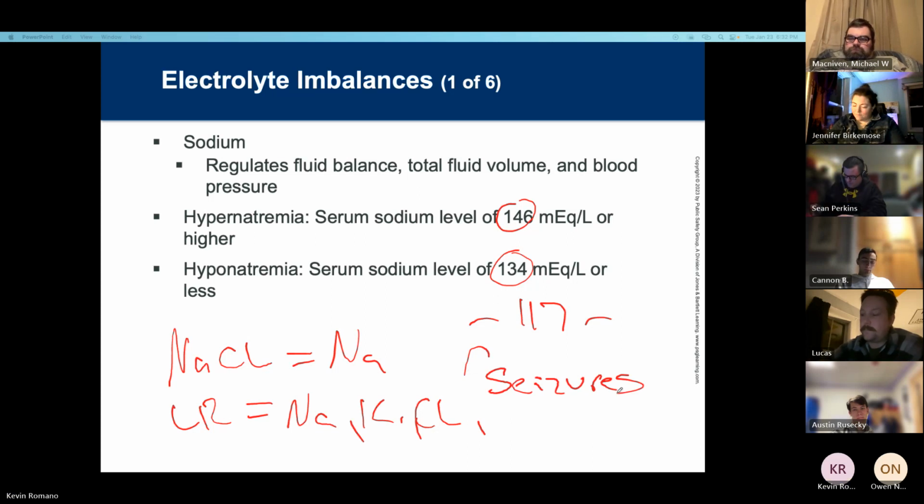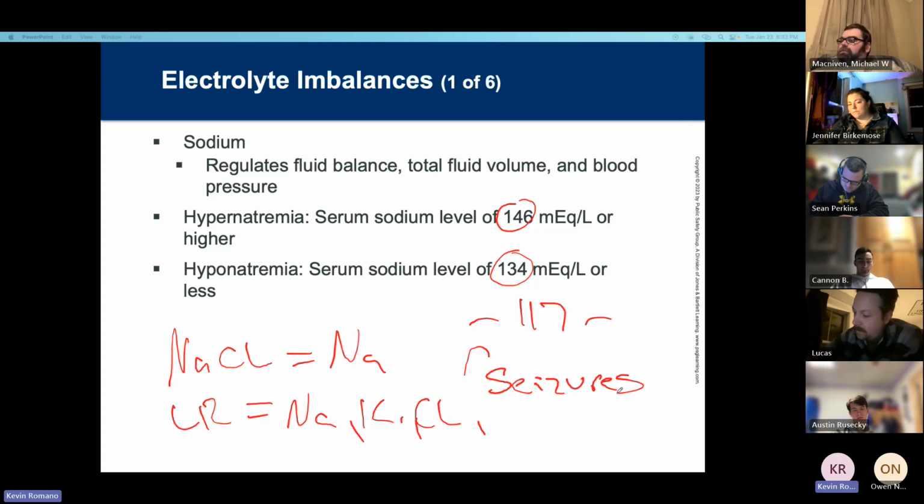Seizures. Low sodium can cause seizures, right? So if you've got a patient who has a sodium level of 117, 120, those low numbers, they're in that ballpark now for having seizures in the back of the ambulance with you.